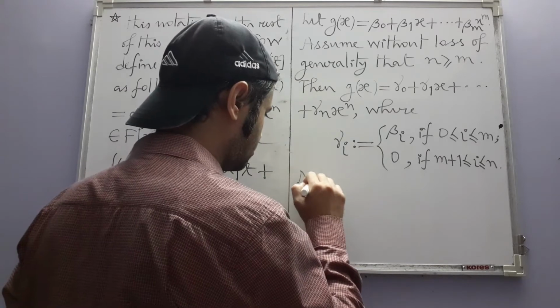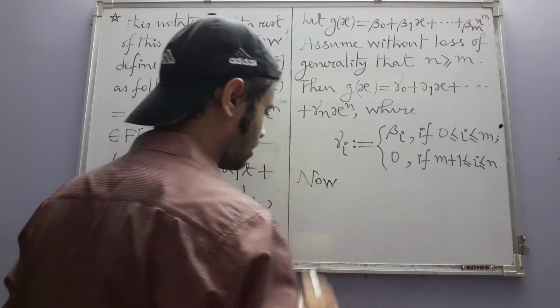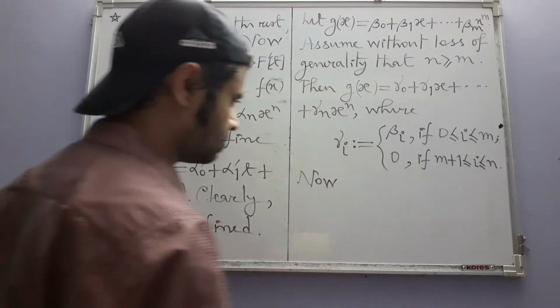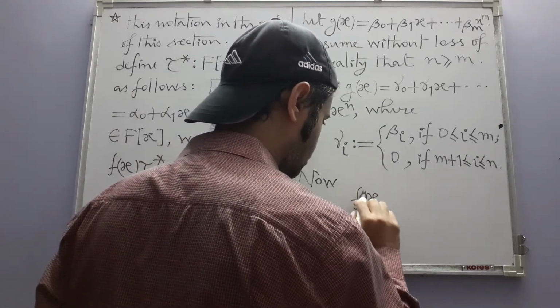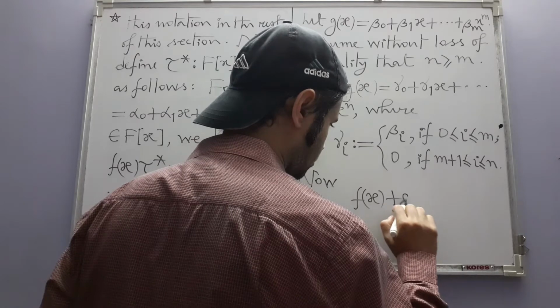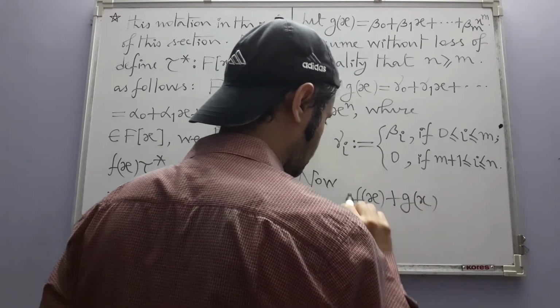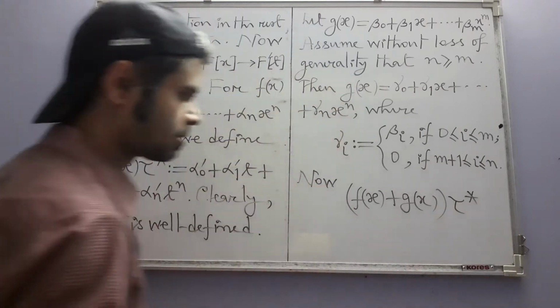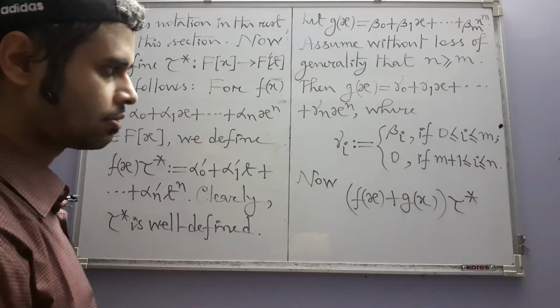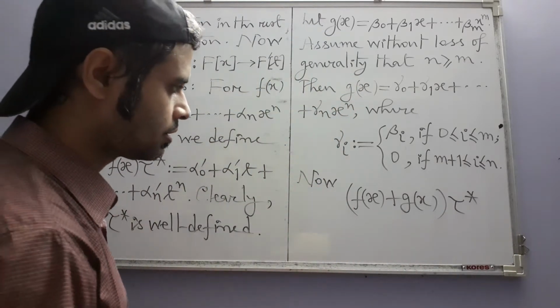Now, okay, let us now start our calculation. We calculate the sum f(x) plus g(x), and on that we are going to apply tau star.